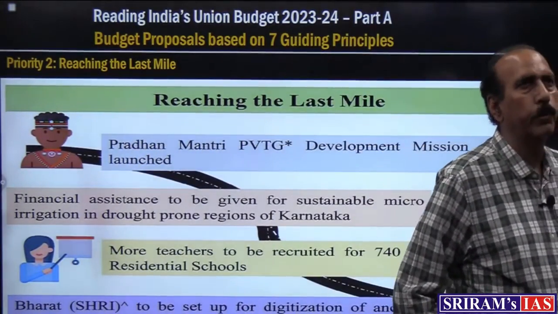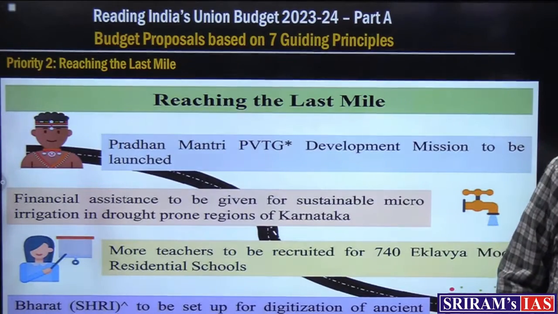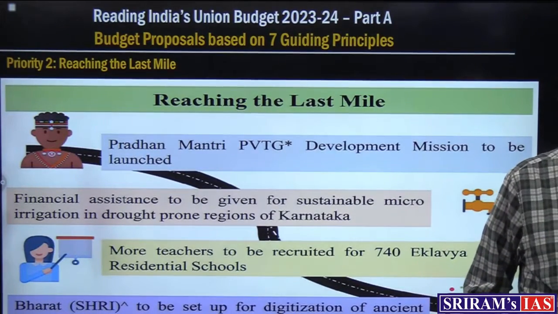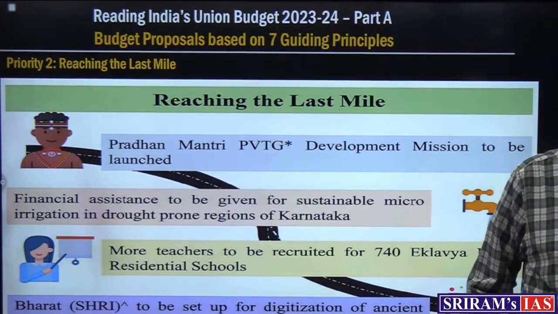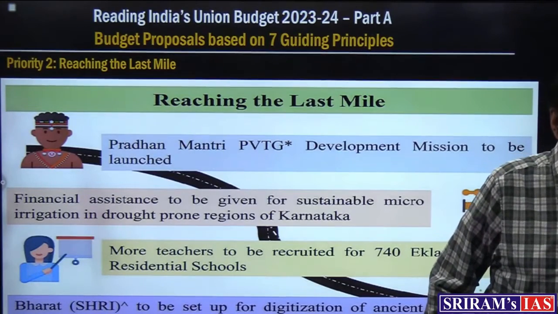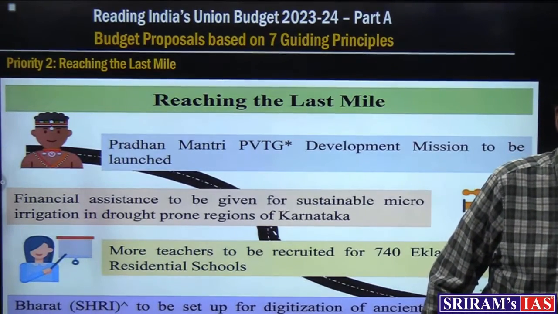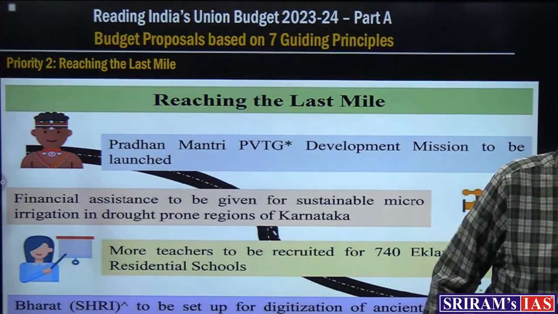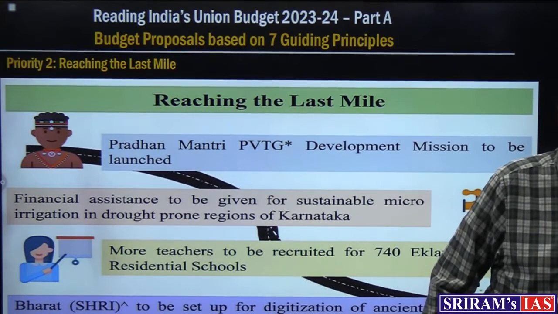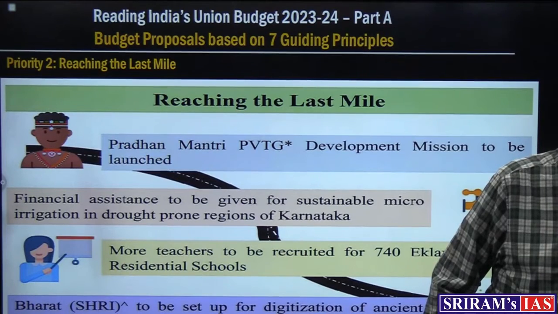If we have a shortage of teachers, the education system will not perform well. If you have a shortage of health workers, the health sector will cripple. That's why the government has decided to promote both these categories of workers with improved quality. That is the focus area of the budget in the health and education sector.